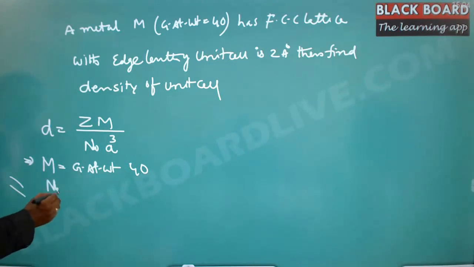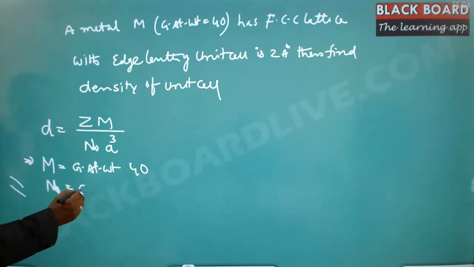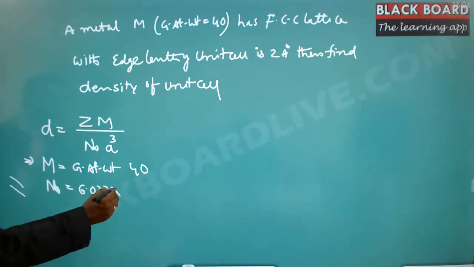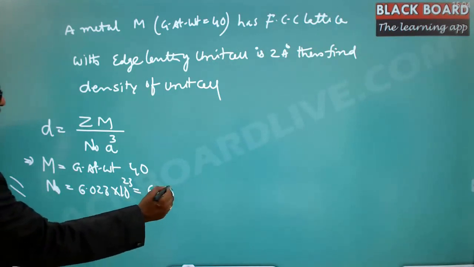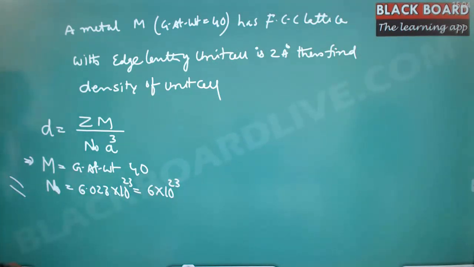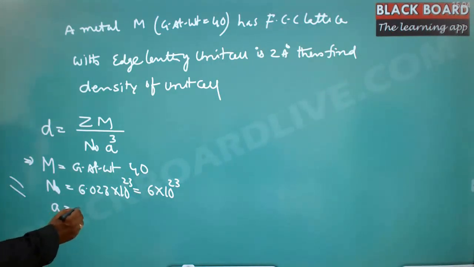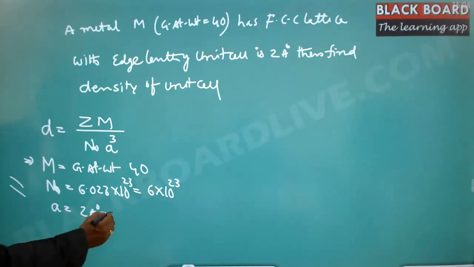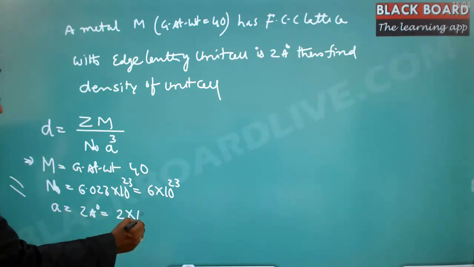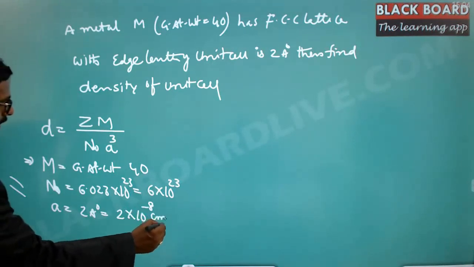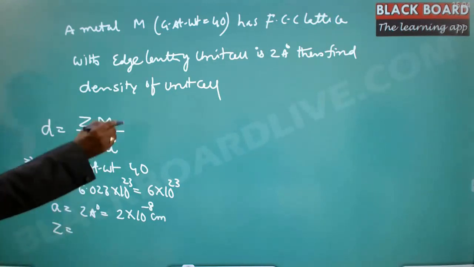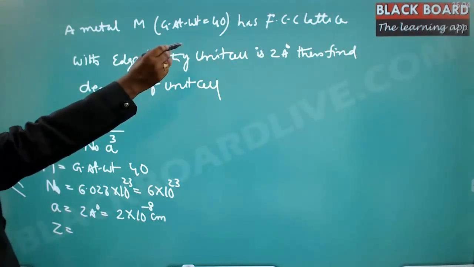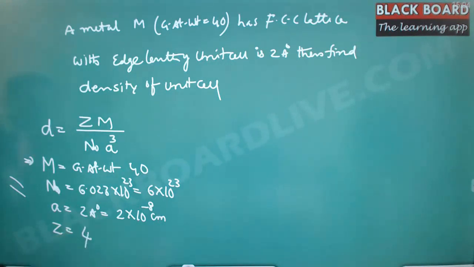N naught, Avogadro number, is equal to 6.023 into 10 power 23. Roughly it is considered as 6 into 10 power 23. Next, edge length A is equal to 2 angstrom. In centimeter, it is 2 into 10 power minus 8 centimeter. Next, given that it is an FCC lattice, for FCC lattice Z is equal to 4.